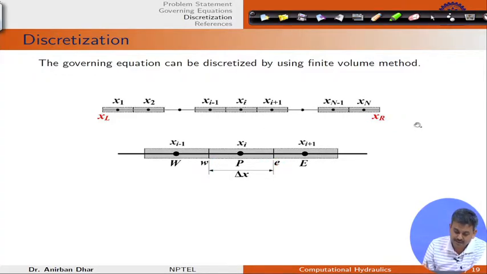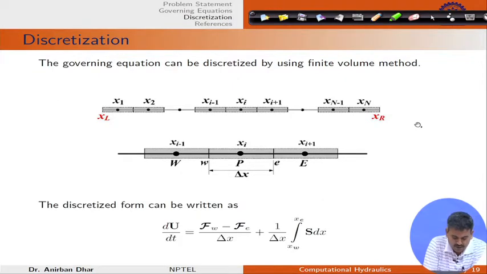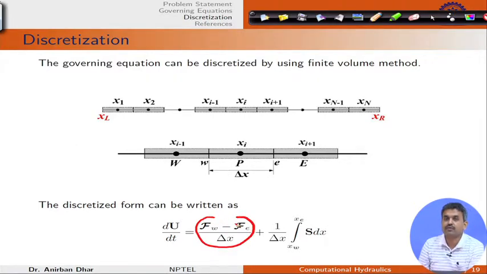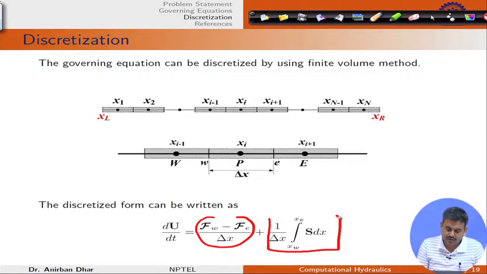In this case, the discretized form of our governing equation we can write like this by transferring this f term from right to left side, and this is our source term.